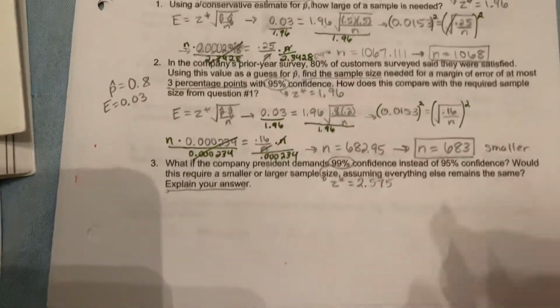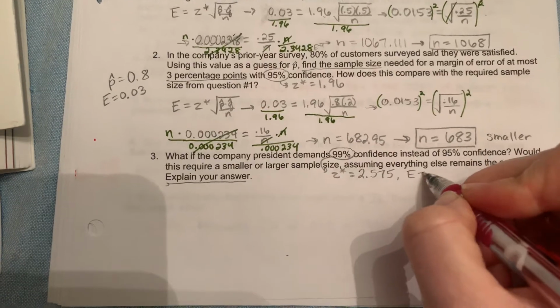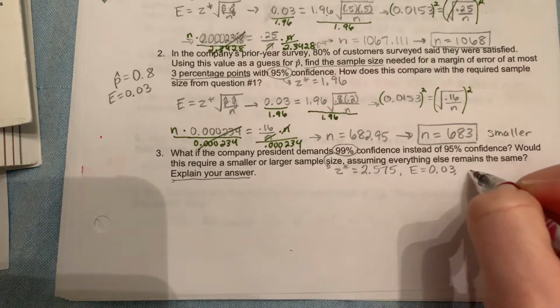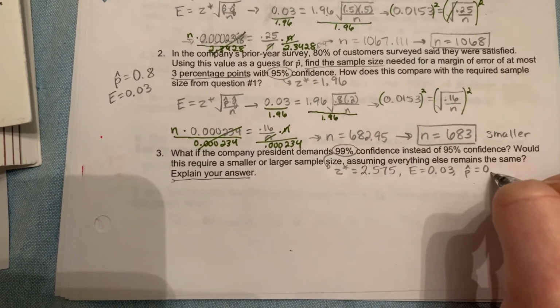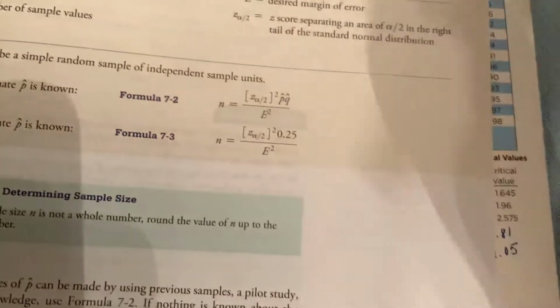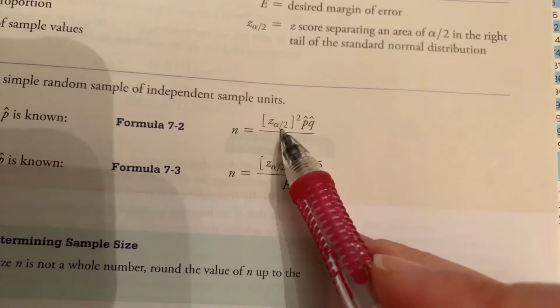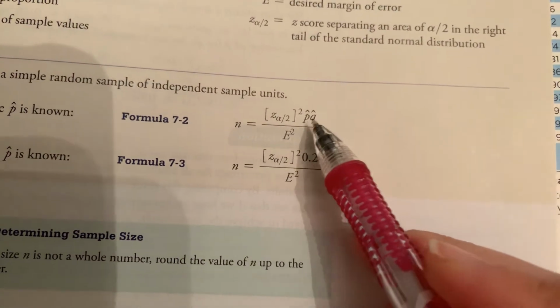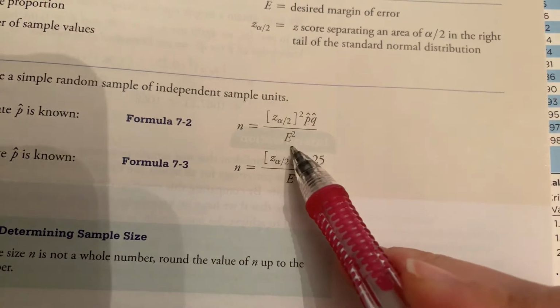This time I think I'm going to show it to you using the formula from the book. So remember, we're still using a margin of error of 0.03, and we're still guessing that p hat is equal to 0.8. So I'm going to show you that formula in the book, like I said. So we plug in our critical value and square it, plug in our guess for p hat, which gives us our guess for q hat, and then take our margin of error squared.